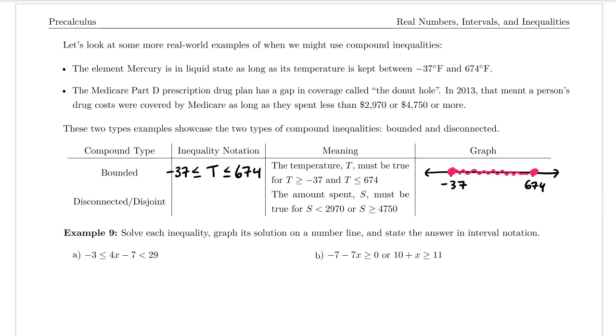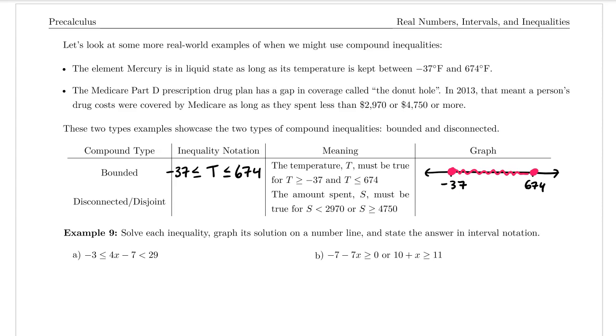In the second example, we say the Medicare Part D prescription drug plan has a gap in coverage called the donut hole. In 2013, that meant a person's drug costs were covered by Medicare as long as they spent less than $2,970 or $4,750 or more. This is an example of a disconnected or disjoint compound inequality.